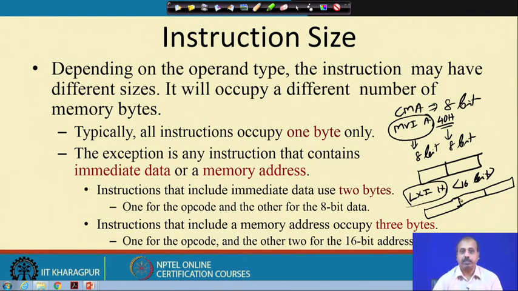In case of 8085, some of the instructions are 1 byte long, some are 2 bytes long, some are 3 bytes long. The instructions not having any operand, the 0 operand instructions, occupy only 1 byte. Some instructions have immediate data or a memory address. For immediate data, that is a 2 byte instruction, and if you have a memory address, that is a 3 byte instruction.